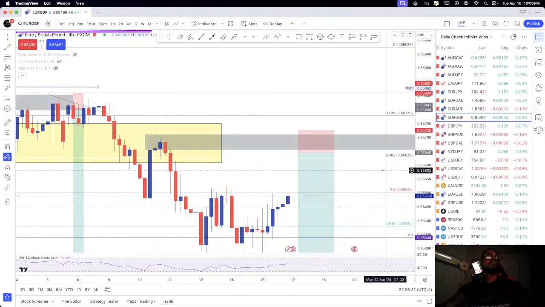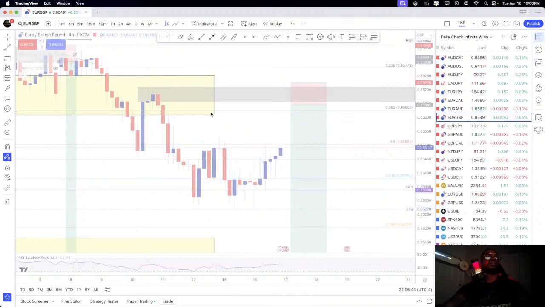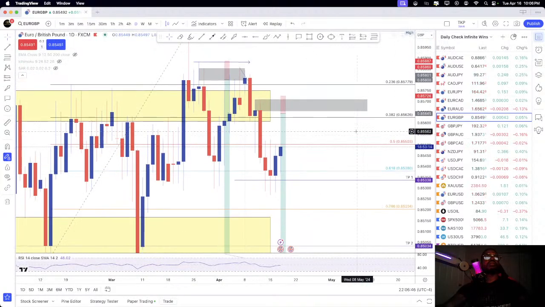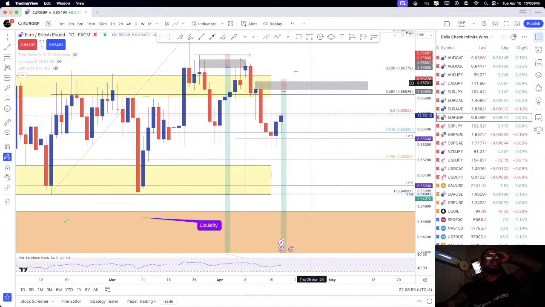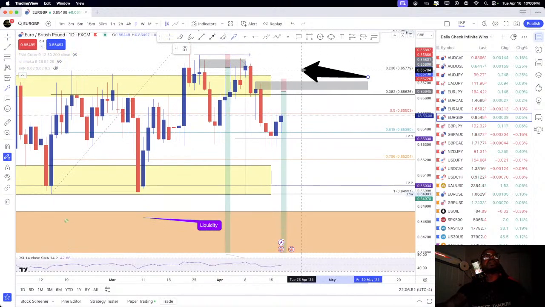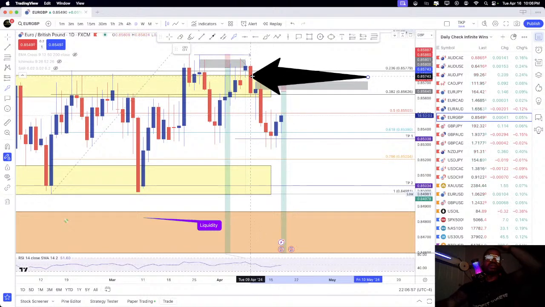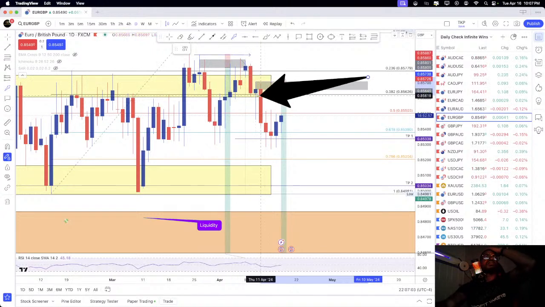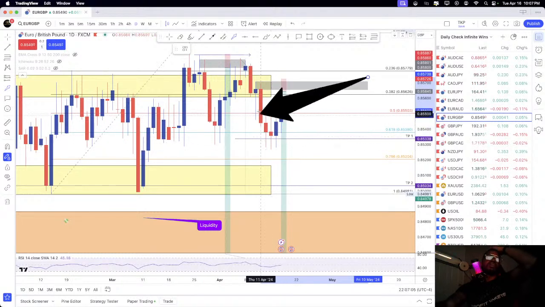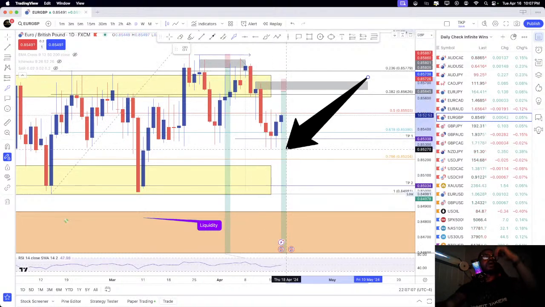This will be a swing setup. When you're trying to figure out how long your trades will take, a little trick is to count the candlesticks. So with this downtrend, it took 6 days to make that move.